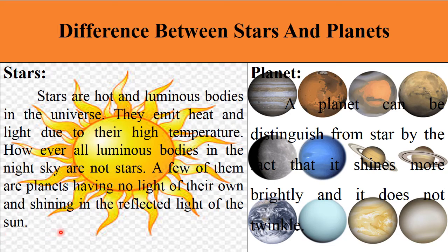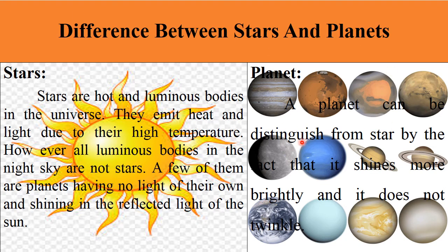So some luminous bodies in the sky are stars and some are planets also. And the best example of a star is our sun in our solar system.